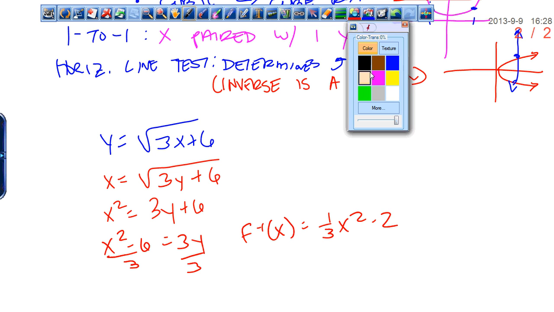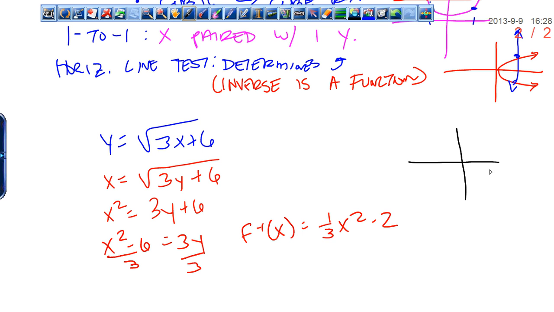The second thing you have to do on your homework tonight is to graph it. If I were to graph the original function, I first need to factor out a 3, and that's just a technical thing that an experienced mathematician would know. So basically, this is the gist of what my picture looks like. It moves over to the left 2. Remember that the two graphs are symmetrical across the line y equals x.